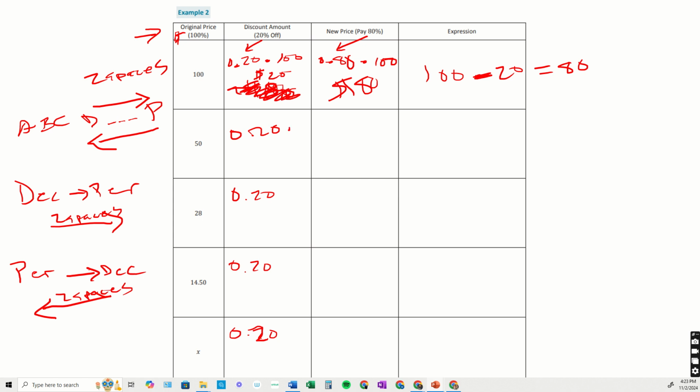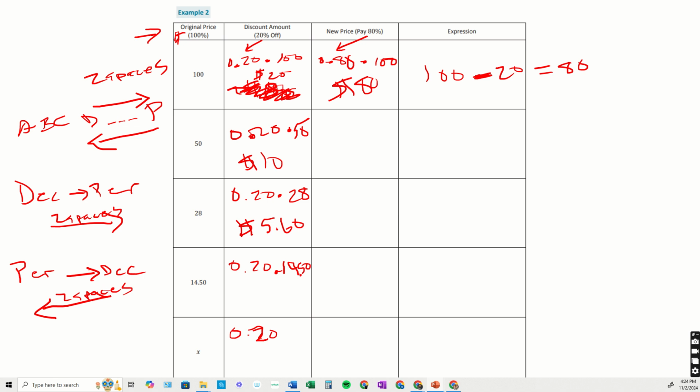So 20% of 50, 0.2 times 50, is 10. 0.2 times 28 is 5.6, so $5.60. Sorry, doing some mental math here. Then 0.2 times $14.50.